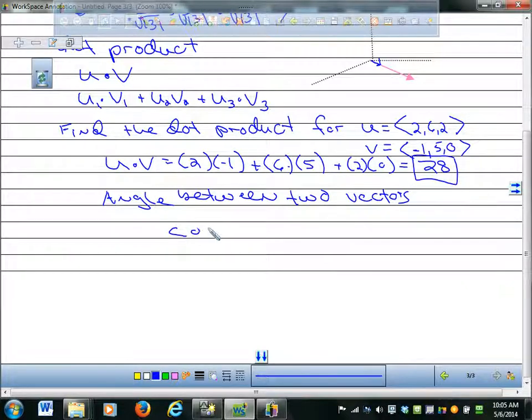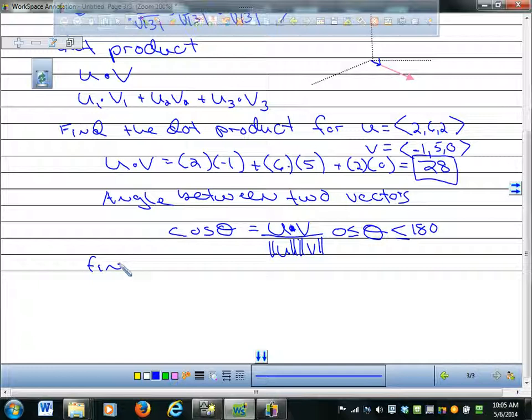Cosine theta is equal to u dot v, the dot product, over the magnitude of u times the magnitude of v. Does this look familiar? So let's find the angle between these 2 vectors, and that angle theta has to be greater than or equal to 0 and less than or equal to 180.